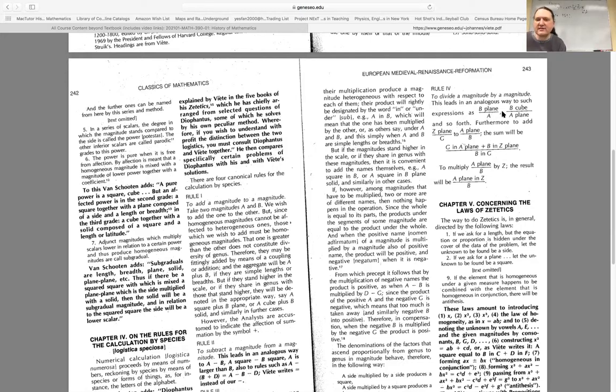Notice there's this attention to what dimension everything is. So b plane divided by a, or b cubed divided by a plane. He's very attentive to what dimensions things are. This is, as I mentioned, closer to Khayyam, and Suzuki talks about this also. It's as if Viète is taking a step backwards to Khayyam in this way.